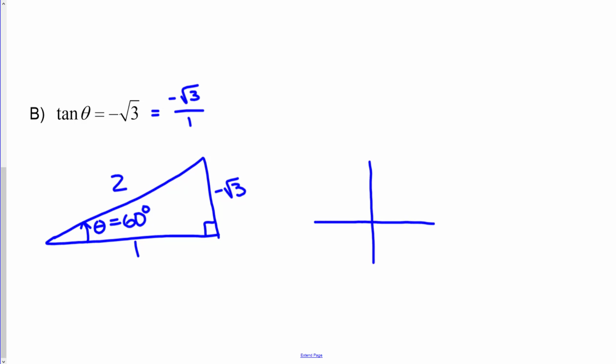So tangent is positive in quadrant 1, negative in quadrant 2, positive in quadrant 3, and negative in quadrant 4. So the angle measures that would work are a 60 degree reference angle in quadrant 2 and a 60 degree reference angle in quadrant 4.